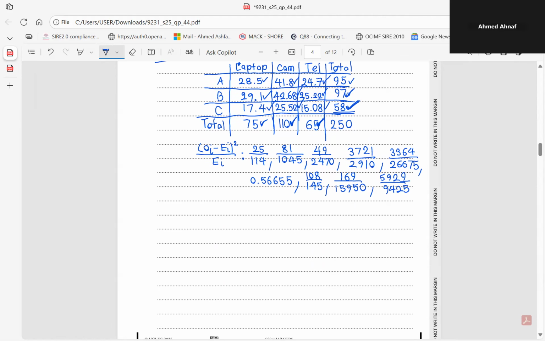So this is all our values. Now we'll find the summation of all this. This would be our test statistic.